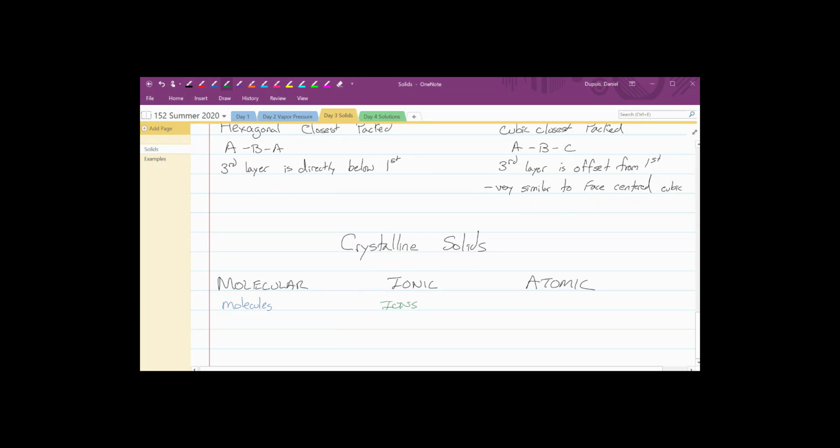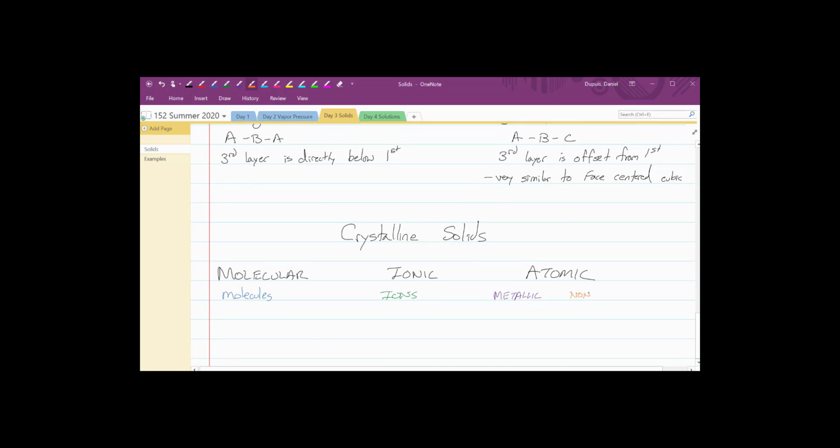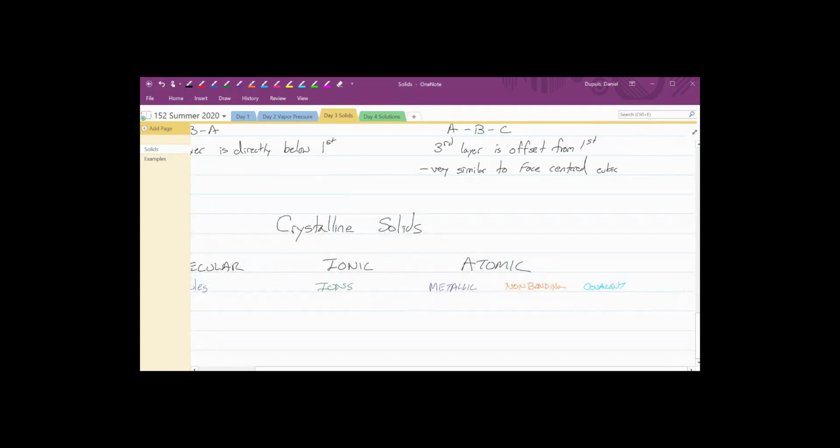Atomic solids, there are three types of atomic solids. There would be metallic, there would be non-bonding, and there would be covalent, which is a covalent network.